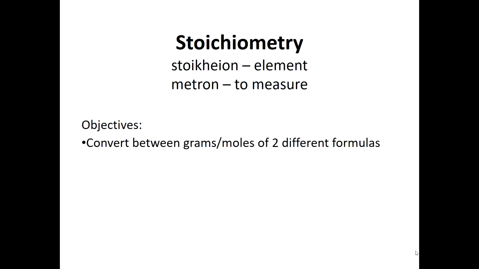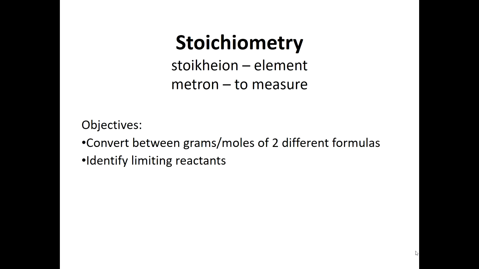So in this unit, today in particular, we're going to be learning how to convert between grams and moles of two different formulas. So far, you have been converting between grams and moles of the same element or compound. So the thing that makes mole ratios, what we have been doing, different in stoichiometry is that it's two different formulas. And that's all we'll cover today.